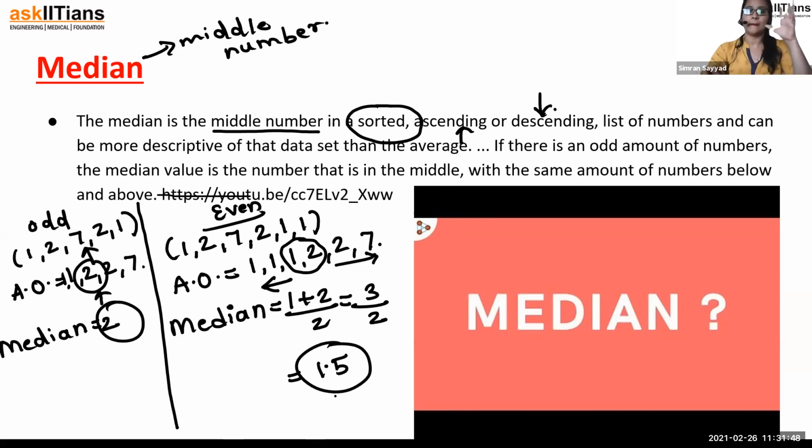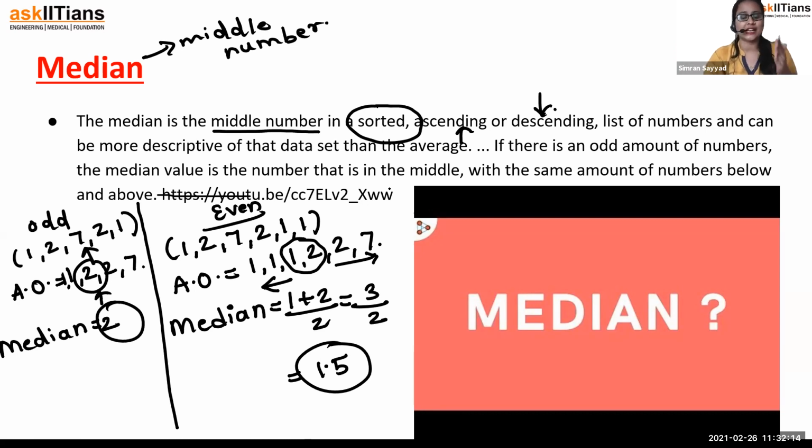Understood? See, we'll quickly revise. Arithmetic mean is nothing but the average, sum upon count. Mode is nothing but the part or term in a set of data that repeats again and again. And median is nothing but the middle value. You first have to arrange it in ascending order.